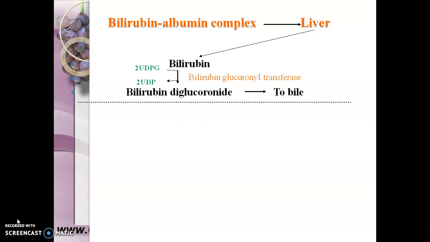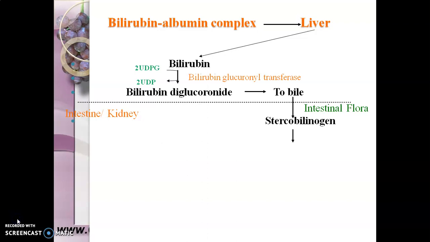It is a two-step reaction wherein UDP glucuronide is utilized, and this bilirubin diglucuronide is excreted to bile, which reaches the intestine. Here, on the action of intestinal flora or bacteria, it is finally converted to stercobilinogen.